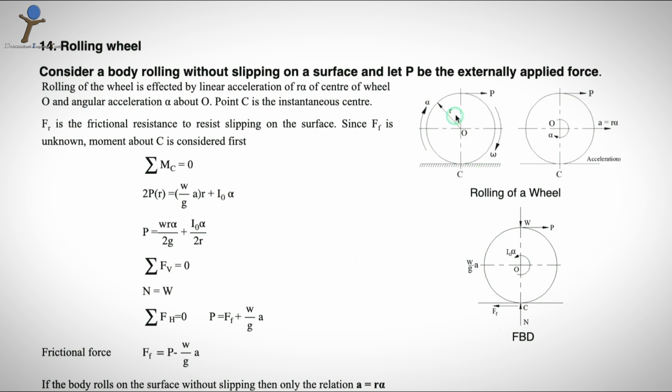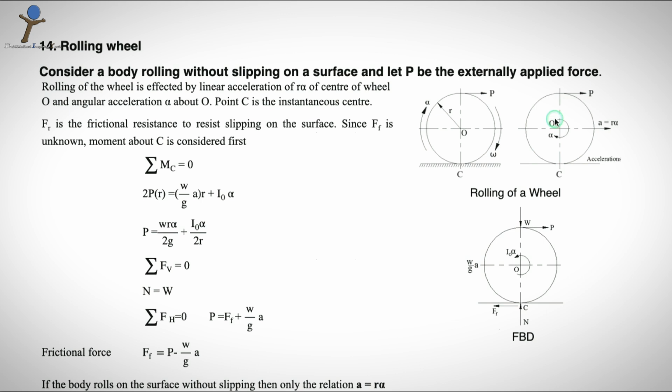So this wheel, which is rotating with an angular speed omega and acceleration alpha, is now affected by linear acceleration A equal to R alpha and angular acceleration about O.